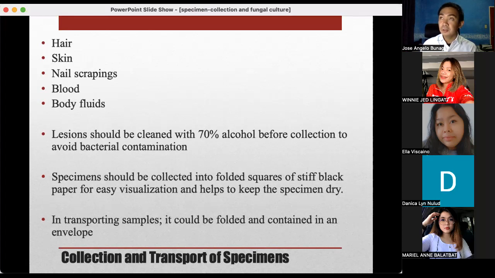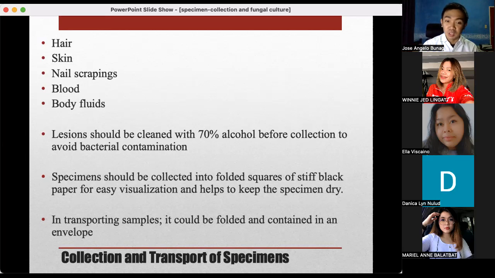And you can also use biphasic media such as your septic check, your Castaneda bottles, or the automated systems that we also use in bacteriology, your BACTEC or BacT/Alert system, for the recovery of fungi. Mainly, these are what is used in hospitals and laboratories that are present.